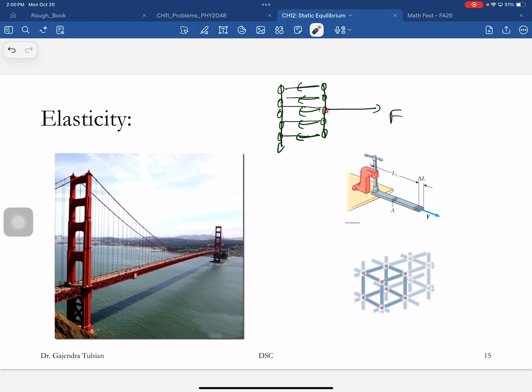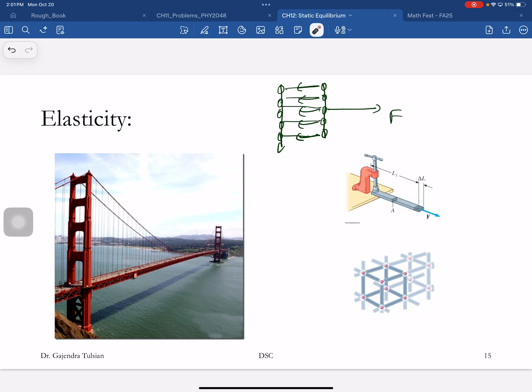All right. So you pull with a force of 100 pounds. The springs stretch so that this force adds up to 100 pounds. What happens if I pull with a force of 200 pounds? These springs have to stretch more, and they add up to 200 pounds.